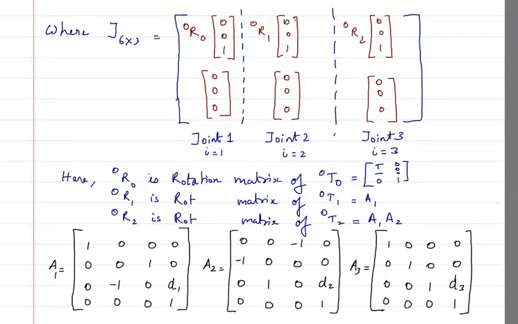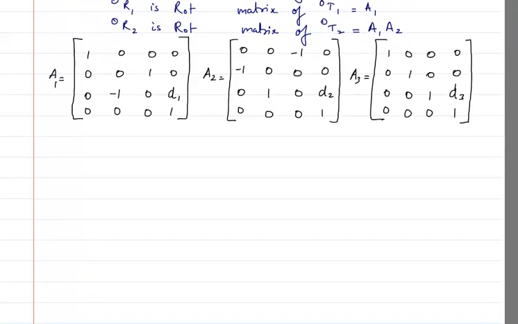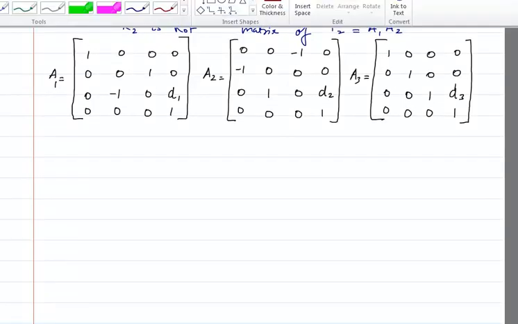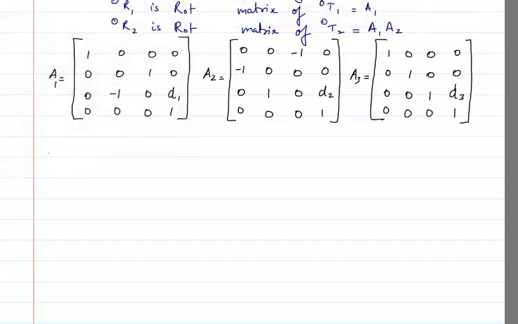So first I will write 0 R0, as I told, it's straight away going to be the identity matrix, because for moving from the 0th frame to the 0th frame, you don't require any movement or any rotation. So 0 R0 will be this one.